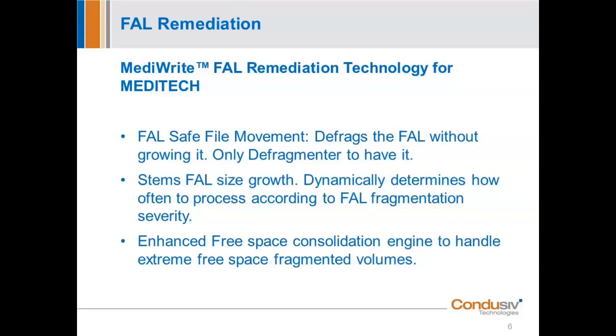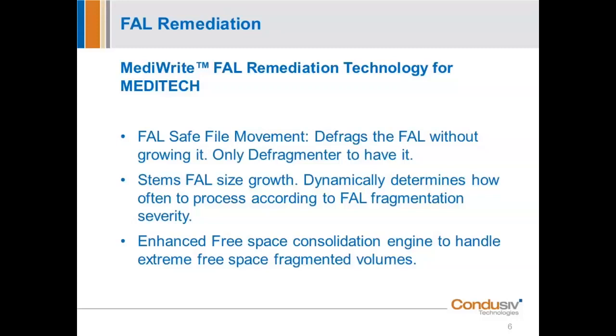That's why we're the only defragmenter to have this. There's one other defragmenter that tried to attack this problem, and their solution was this: it would defragment it, but once it reached a certain size, it stopped defragmenting that file because it knew it could grow the file, and just warn the user. We're the only one that keeps on defragmenting it and keeps that file size in check.